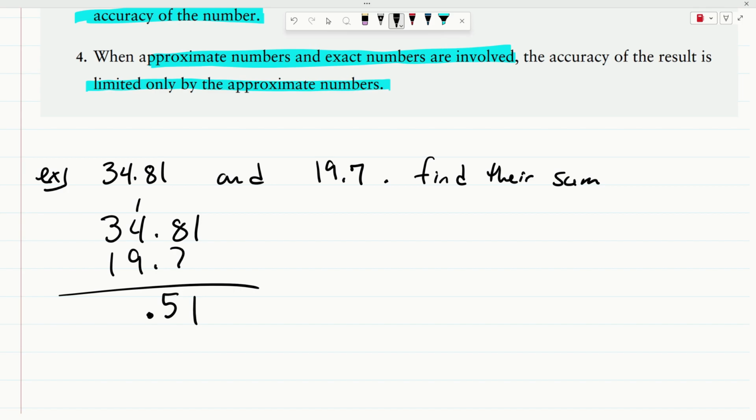1 plus 7 is 8... 15, carry the 1. 9 plus 4 is 13, plus 1 more is 14. Carry the 1. 3 and 1 is 4, plus 1 more is 5. So back in the day, mathematically, it's 54.51.